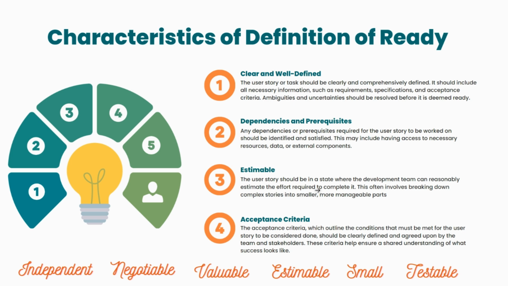If you have a story which goes for a longer duration, and it is also crossing the time duration for the sprint, then we have to break it down into smaller pieces, and based on the available information you should be able to estimate whether the story can be done in 2 days, 3 days, a few hours, 5 days, but fewer days than the sprint cycle. So estimable is one of the characteristics of definition of ready.